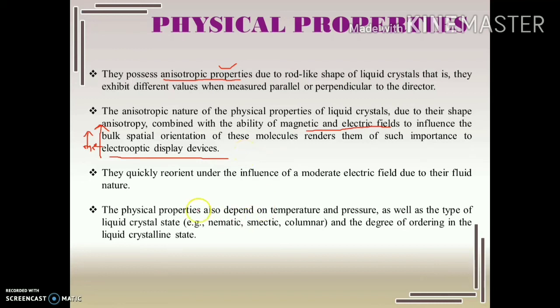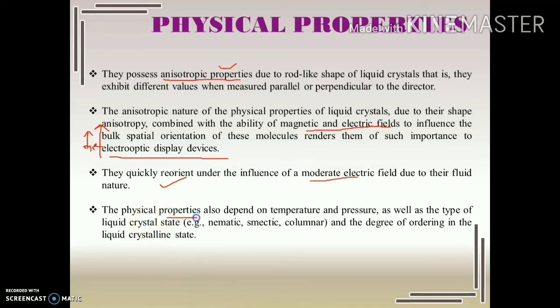Also, they have the property to reorient themselves very quickly, in fact immediately, whenever they are subjected to the influence of a moderate electric field. This quick reorientation is actually due to the fluidity present in the molecules.